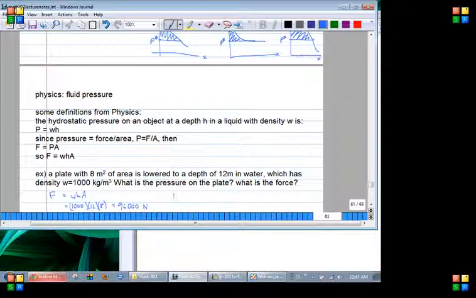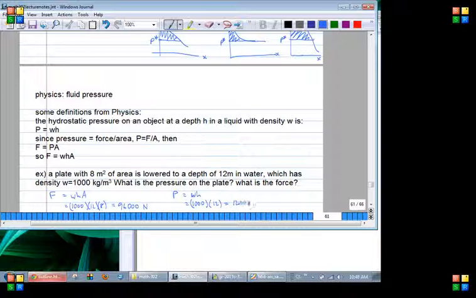And alternately, what's the pressure? So you could divide by 8. We also said earlier that pressure is just WH. So that's just density is 1,000, the H was 12.